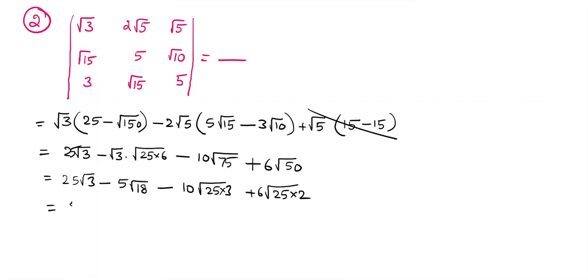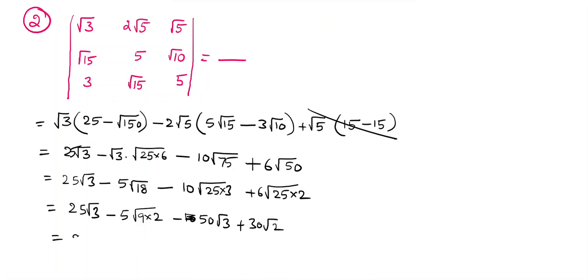That is equal to 25 root 3 minus 5, root 18 is written as 9 into 2, minus 10 into, here root 25 is 5, 5 into 10, this is 50 root 3, plus, here root 25 is 5, 5 into 6, this is 30 root 2.